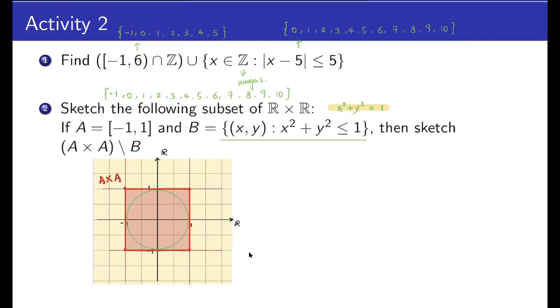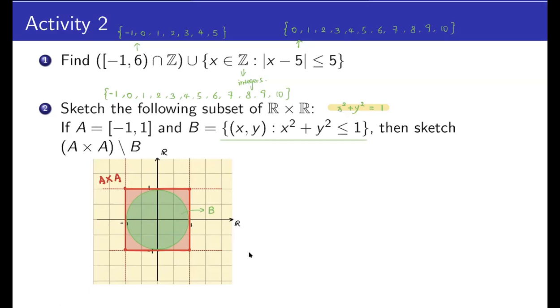Inside and including the circumference. Yes, exactly. So we're talking about everything inside, including the circle itself, since it's less than or equal to 1. So our green part is our B.